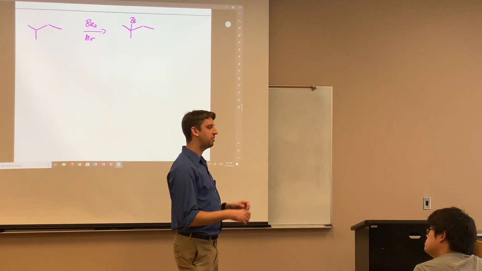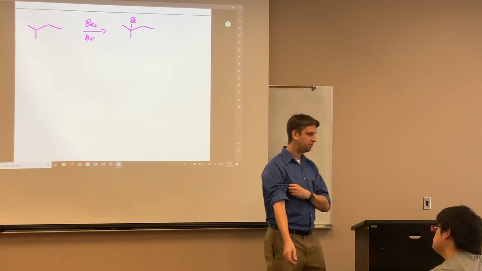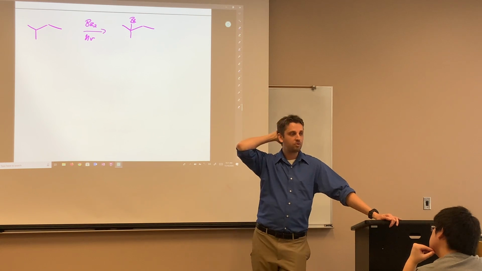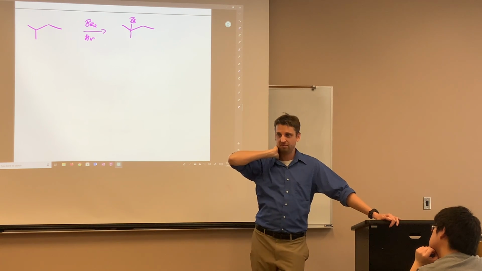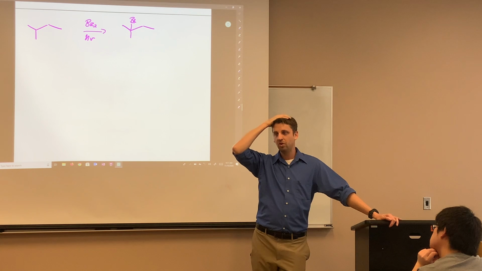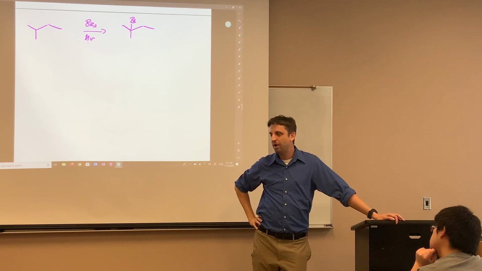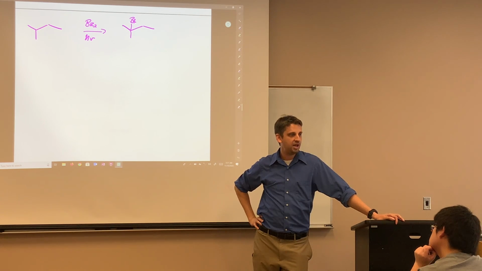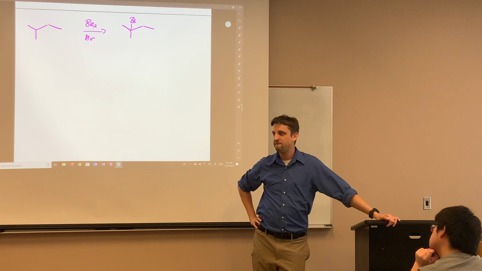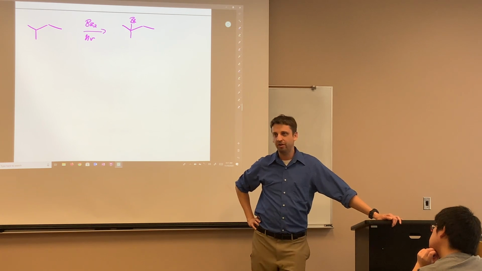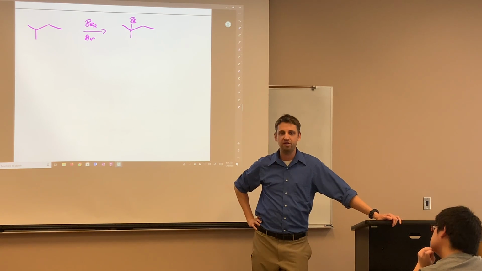So radicals in general follow the same rules as carbocations. Where the most stable intermediate for a radical is usually the same as where we would generate a carbocation. Now there's going to be some differences, some subtlety, but in general, that's the idea to follow and understand.